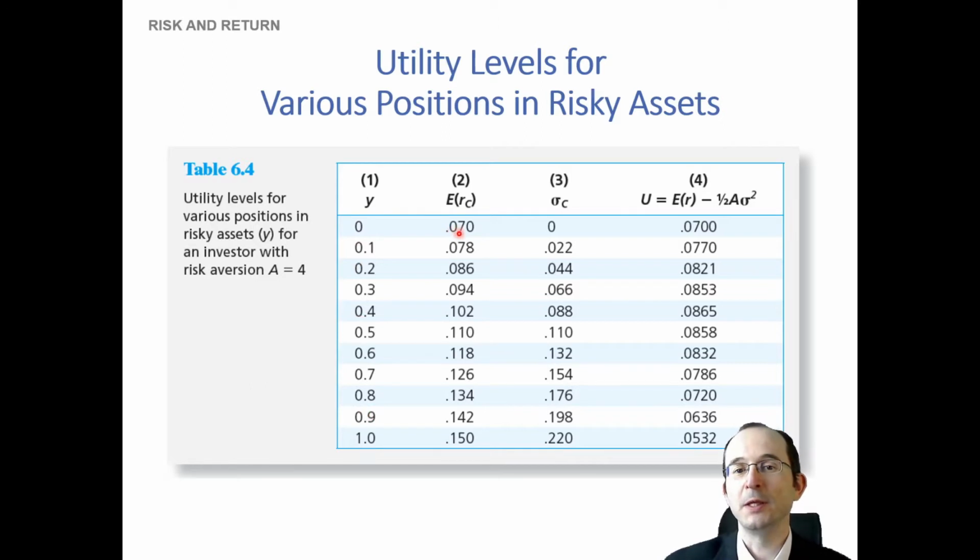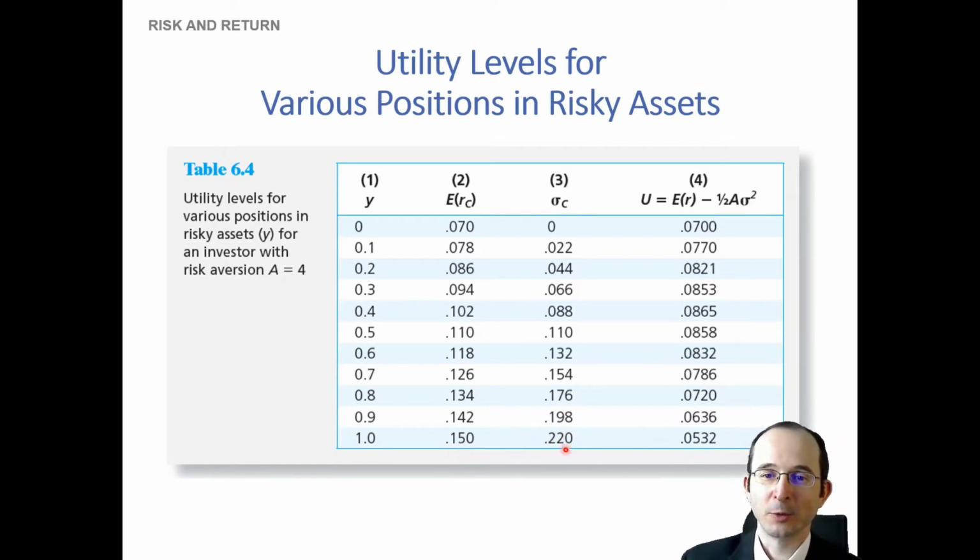Let's compute the expected returns and standard deviations of the portfolio using those same inputs that we were initially considering: 15% expected return to the risky portfolio, 22% standard deviation for the risky portfolio, 7% risk-free rate.